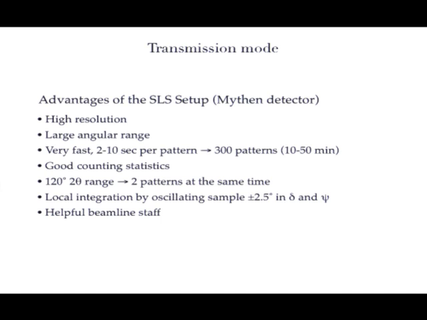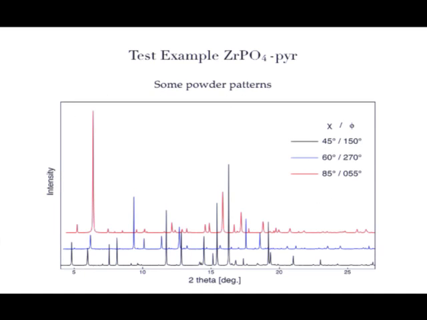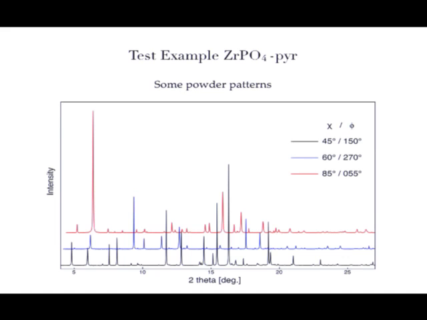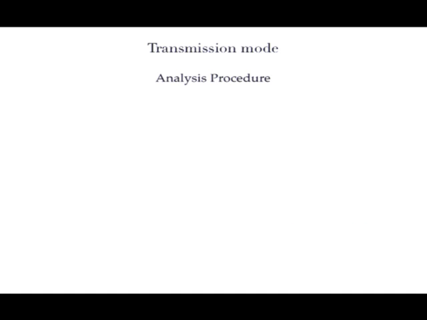So the advantage of the SLS is also that we have very helpful beamline staff there. The test example for this setup is shown with zirconium phosphate here, and you can see the patterns look very sharp, quite well resolved, with good statistics. So you can do something with that.